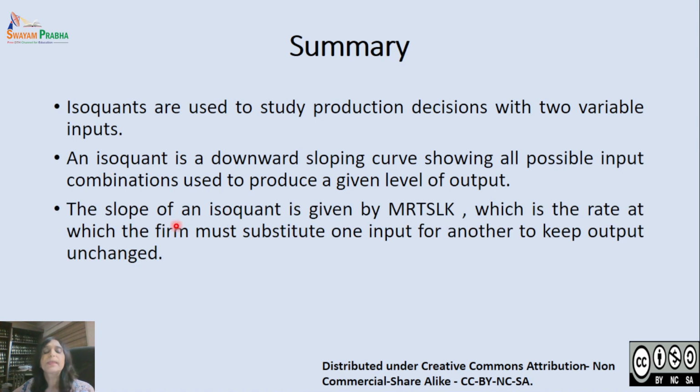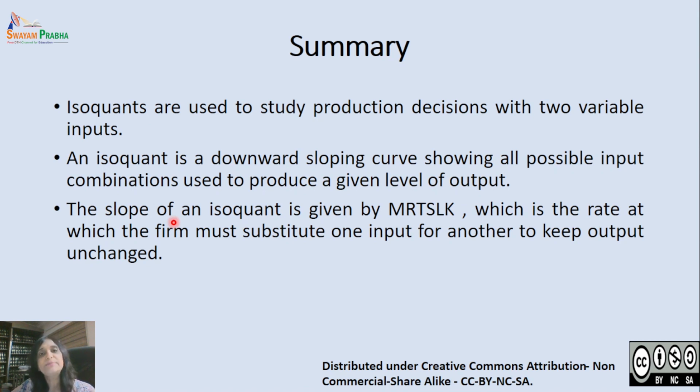The slope of the isoquant is given by MRTS LK, the marginal rate of technical substitution for labor and capital, which measures the rate at which the firm has to substitute one input for another to keep the output unchanged. That is, if I am increasing labor, the rate at which I have to reduce capital is measured by the marginal rate of technical substitution, and it is the same as the slope of the isoquant.